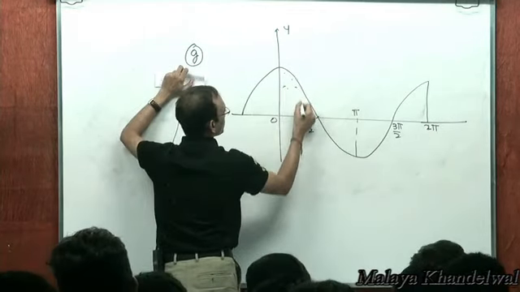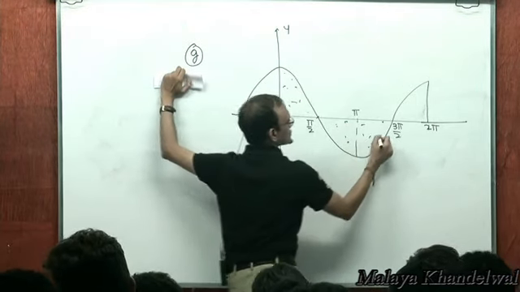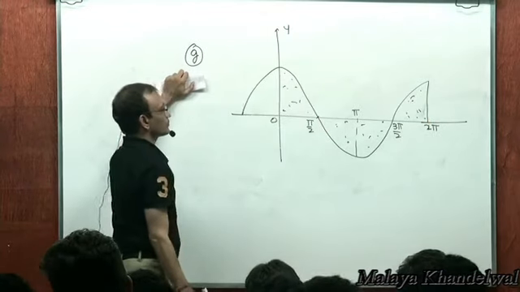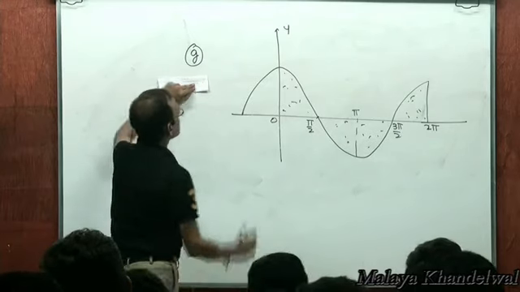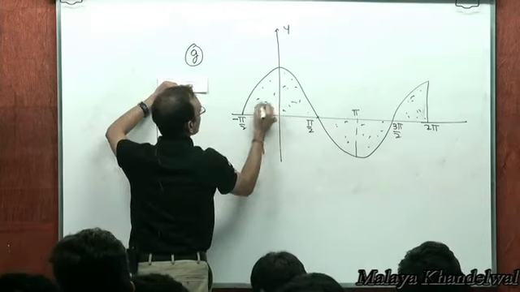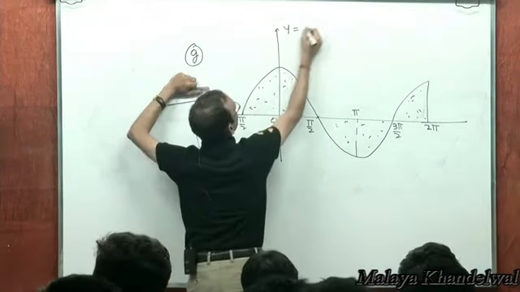We want to find this area. This is y equal to cos x from minus pi by 2 to 2 pi. Right? This is the graph of y equal to cos x.